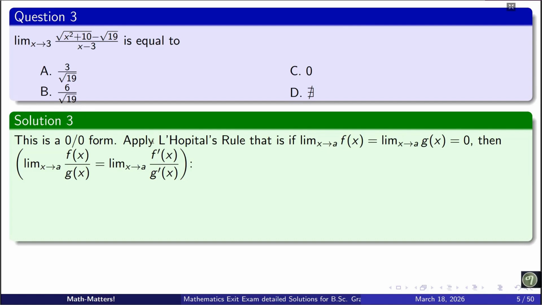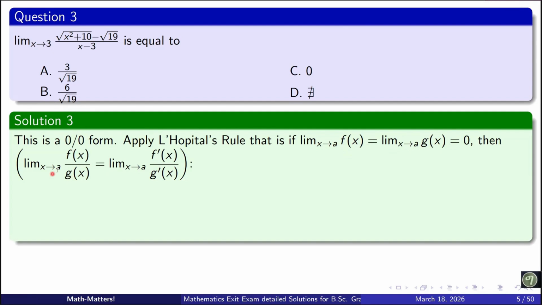Therefore, we apply L'Hopital's rule. L'Hopital's rule states that if the limit of f of x as x approaches a is equal to the limit of g of x at a, and both are 0, then the limit of f of x over g of x has an indeterminate form, 0 over 0.